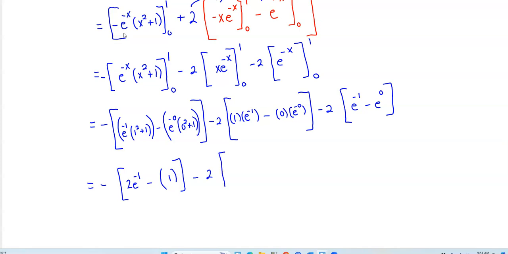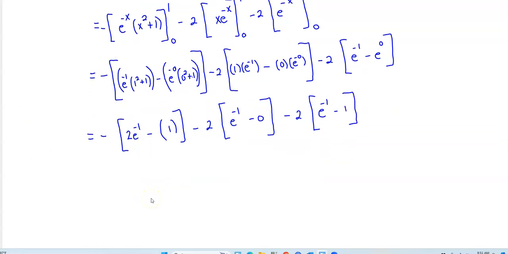Minus 2, and this is 1 times e to the negative 1, and then that's going to be 0. Minus 2 times e to the negative 1 minus e to the 0, which is 1.